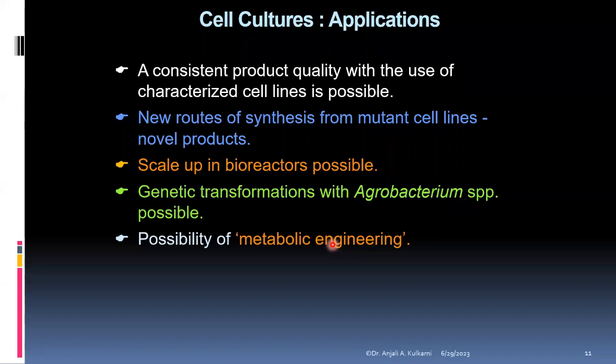So three to four genes are manipulated simultaneously when you are concentrating on metabolic engineering, whereas when you are looking at genetic transformation through Agrobacterium, you are trying to change only one or two genes. So that is roughly the main distinguishing factor between these two methods. But again, as I told you, I will not be covering this in my talk in detail.